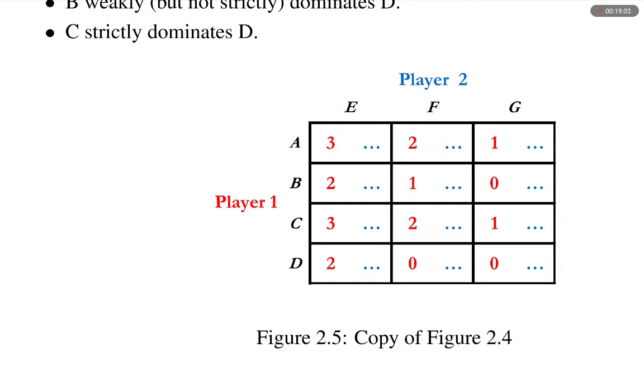Player 2's strategies are excluded, and for player 1, strategy A yields a 3, a 2, and a 1 for each of player 2's strategies E, F, and G. Strategy B has the outcomes of 2, 1, and 0 for player 1.